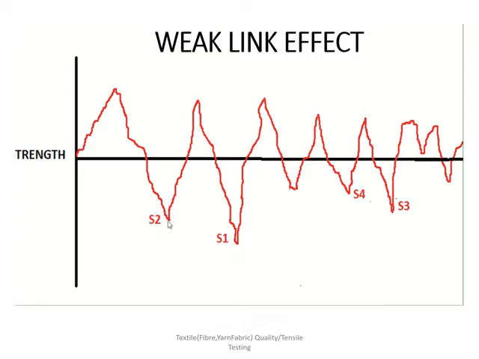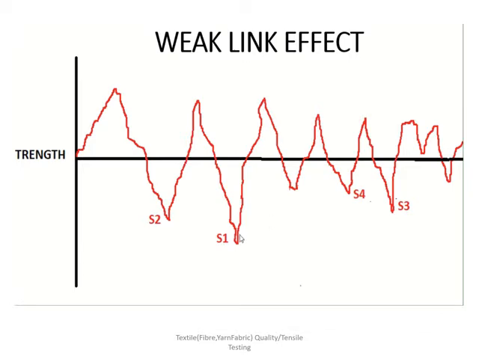S2, next, is the next weakest point, then S3 and S4. You have many weak points. The top are all points which are having high strength. Along the length of the yarn, there is a weak spot, there is a stronger spot, there is a weak spot, stronger spot, weak spot, stronger spot, and it goes on like that.